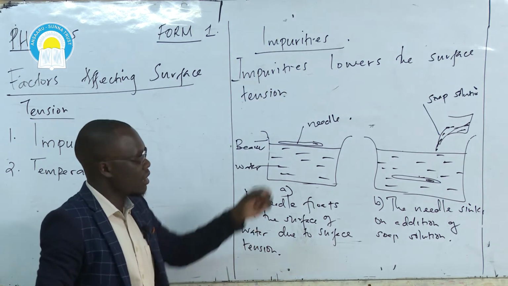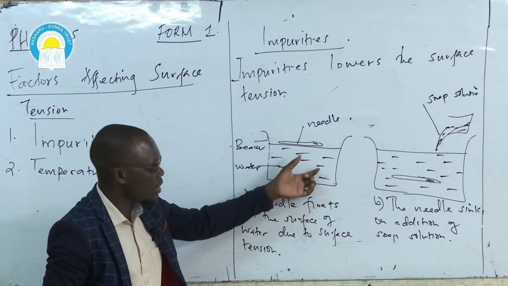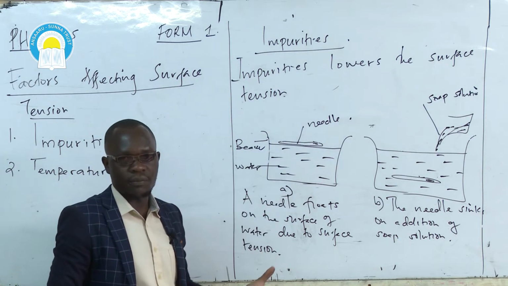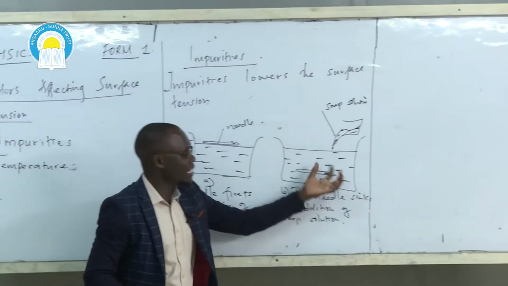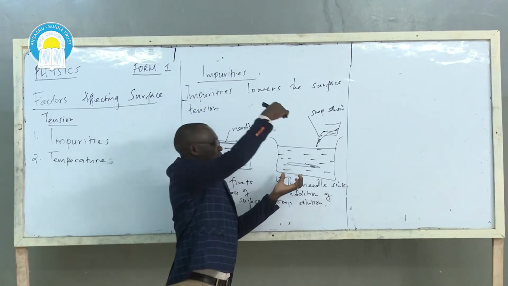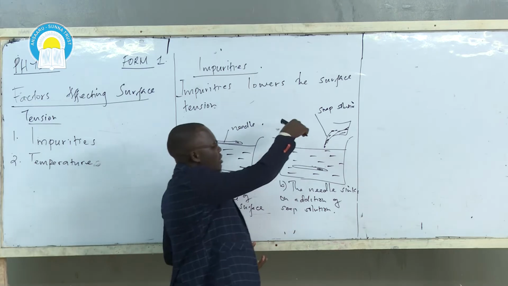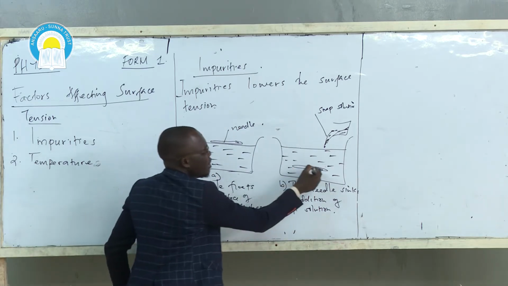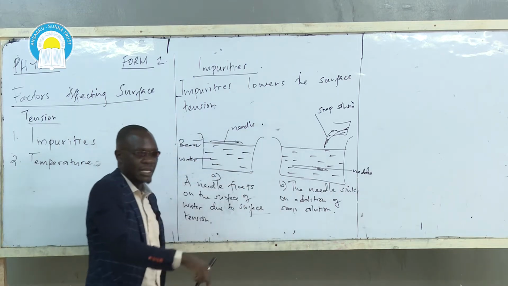You find out that the needle floats on the surface of water, and the reason is the surface tension. Now, part B, we take soap solution and add it to the water in the beaker. When soap solution is added, you find that the needle sinks in the water.